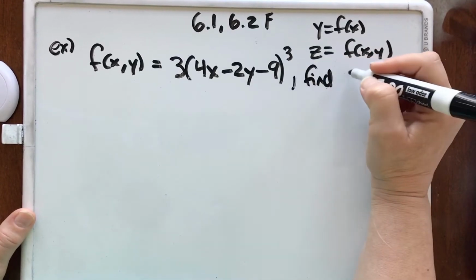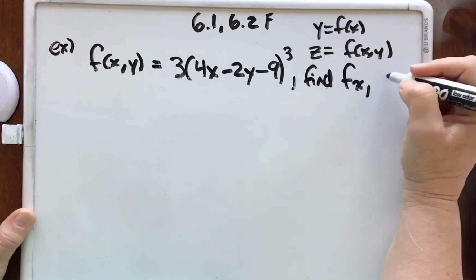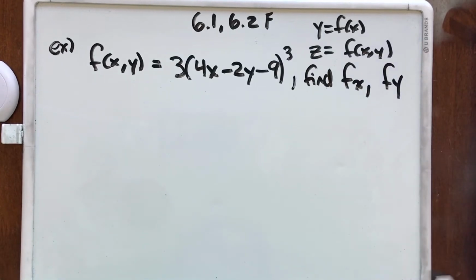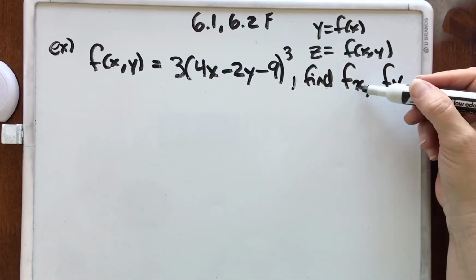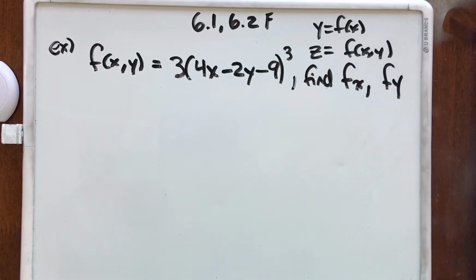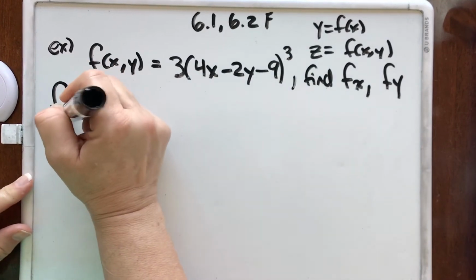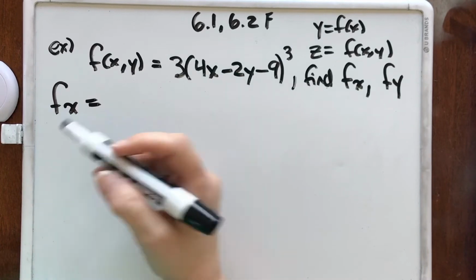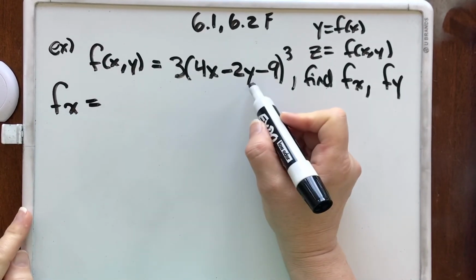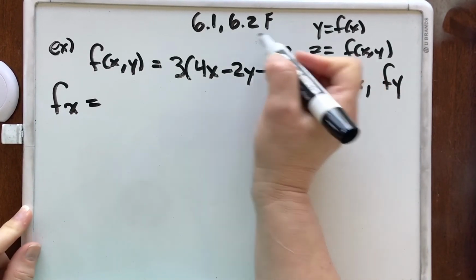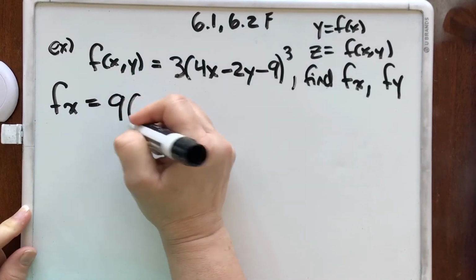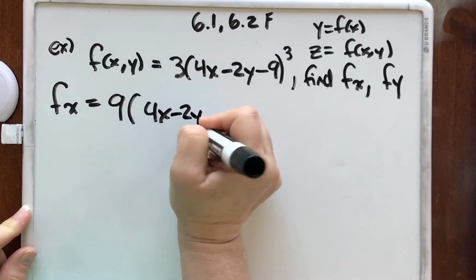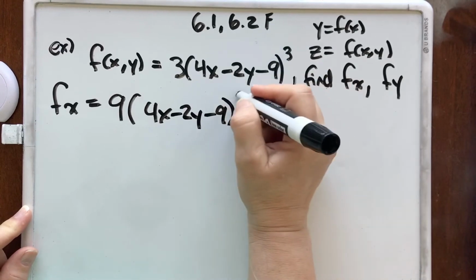Find f_x and f_y, the partial derivative with respect to x and the partial derivative with respect to y. Okay, so the partial derivative with respect to x: x is the variable. Here's our variable, here's our constant. We're still going to do the same thing and bring this 3 down, so we get 9 times (4x minus 2y minus 9), take away 1 gives us the power 2.